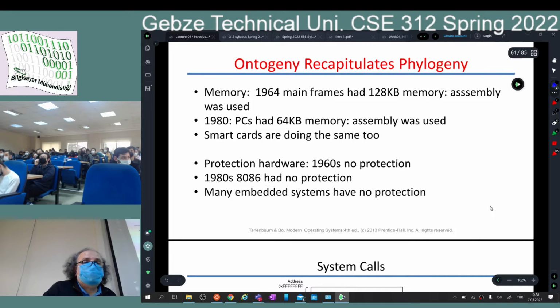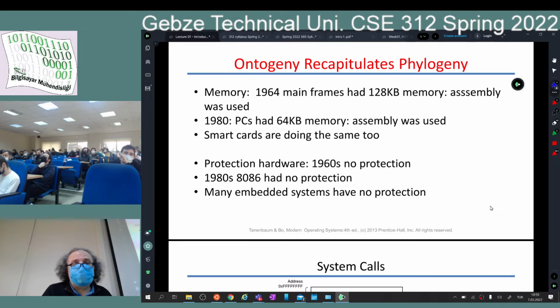Nowadays embedded systems have protection hardware too, because they are powerful enough. But smaller computers, such as sensor node computers or credit card computers or some very cheap computers, don't have the protection mode.